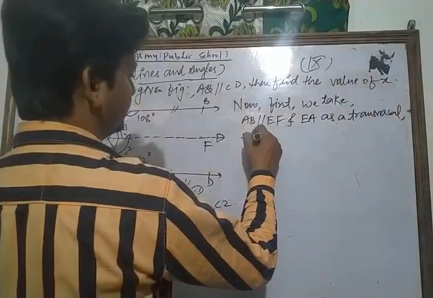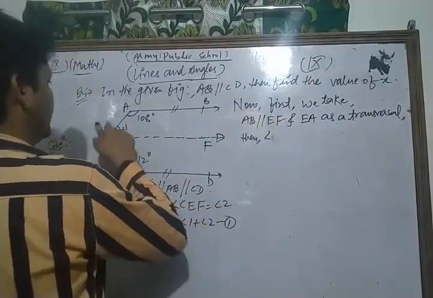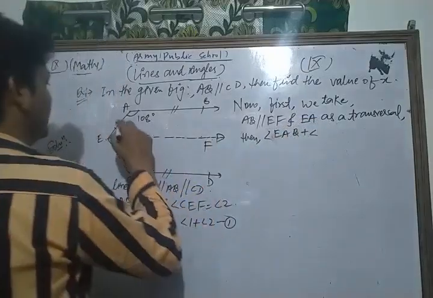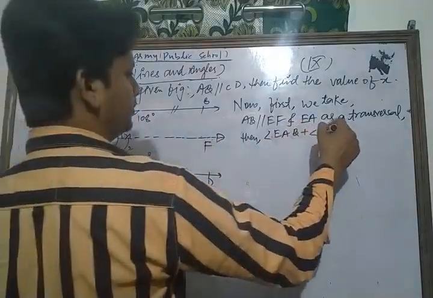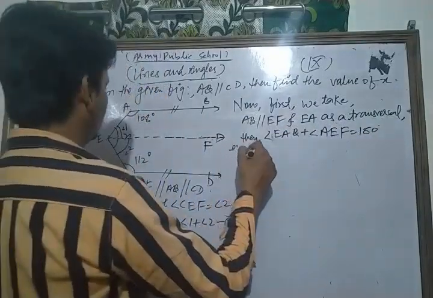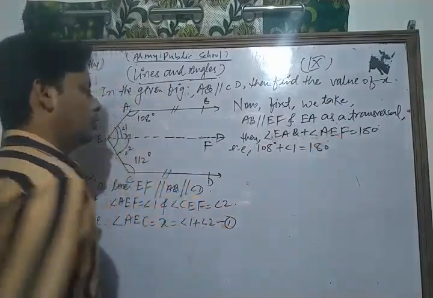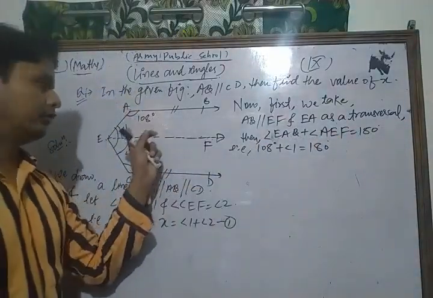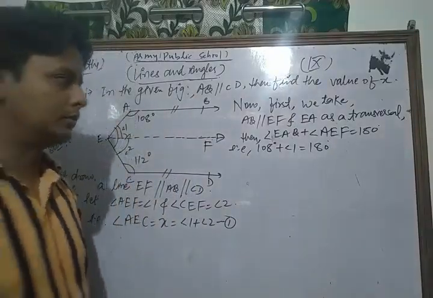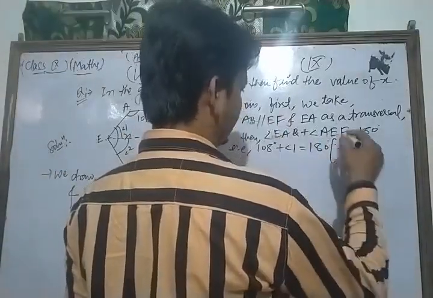Then angle EAB plus angle AEF is equal to 180, that is, 108 plus angle 1 is equal to 180, because they form co-interior angles, and co-interior angles are supplementary to each other.